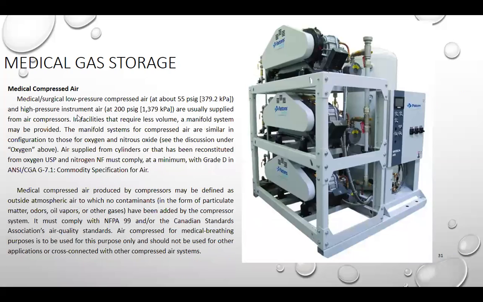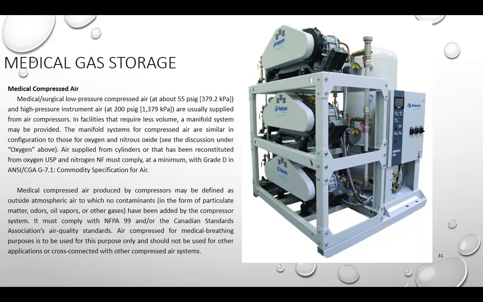Medical compressed air. Medical, surgical, low pressure compressed air at about 55 psi gauge, 379 kilopascals, and high pressure instrument air, 200 psi gauge, are usually supplied from an air compressor. In facilities that require less volume, a manifold system may be provided.